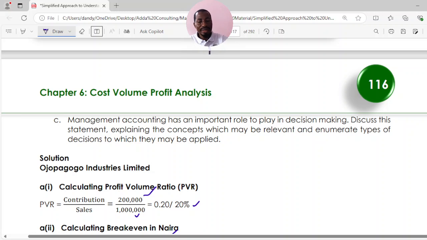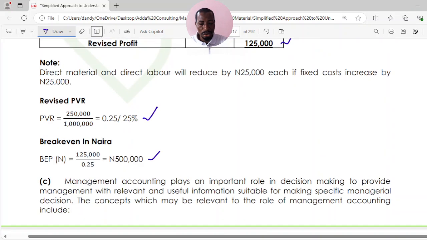Remember, when we had short-term decisions, I mentioned that anything that has to do with decision making, you need the concept of marginal costing technique. So what the examiner is simply saying here is that you should explain the concept of marginal costing technique and relevant costing principle.